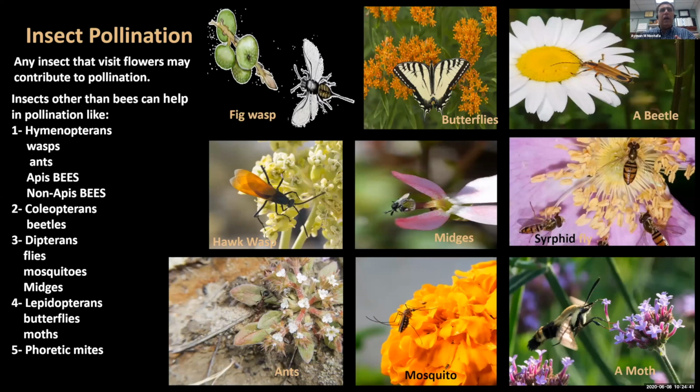You see, we have wasps, ants, bees, different bees, whether they belong to the same species as honeybees or others, some beetles, some flies, and mosquitoes, even midges. Midges actually have very huge value in pollinating some plants, especially near water. Some butterflies and moths, and even little mites can do some kind of pollination too.